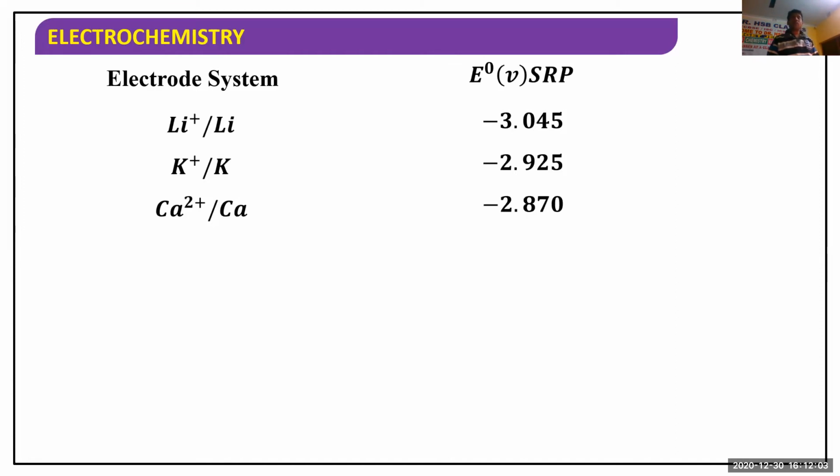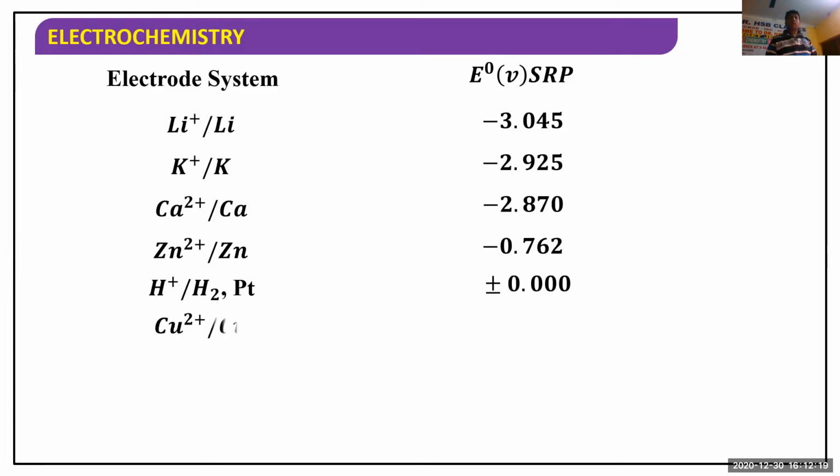And zinc 2 plus to zinc will be minus 0.762. Hydrogen plus to hydrogen will be 0. Copper 2 plus to copper will be positive because copper is below hydrogen in the electrochemical series, so it will be positive 0.337.